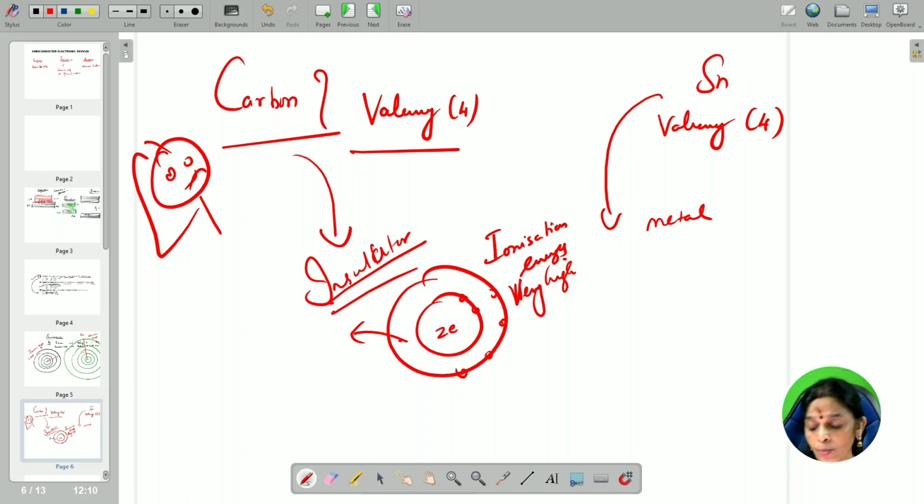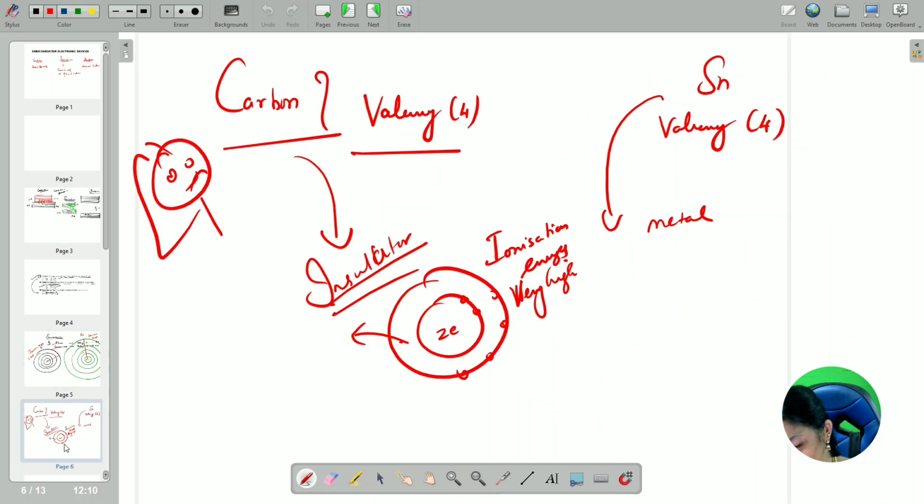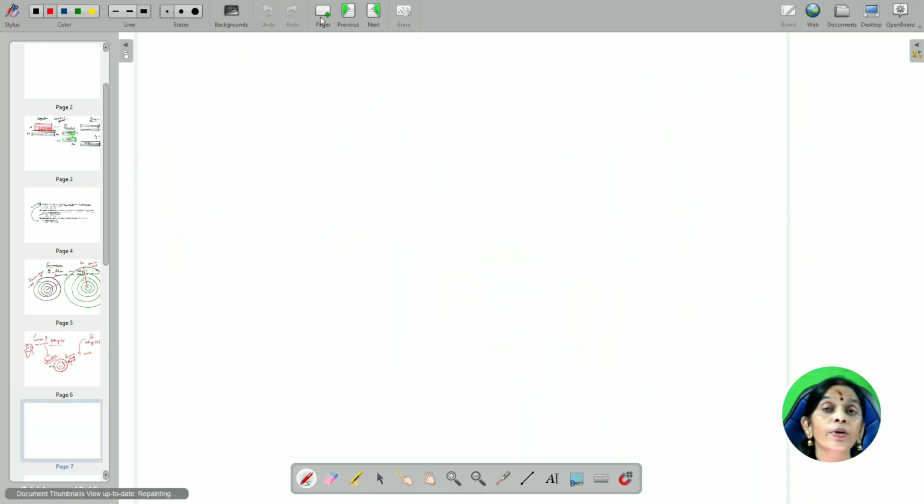Hence, let us not learn about carbon, we are only going to learn about silicon as well as germanium. The pure elementary semiconductor materials are silicon and germanium, the valency is 4. So, come, let us learn about silicon and germanium, that is the pure semiconductor. There are two types of semiconductor, children.